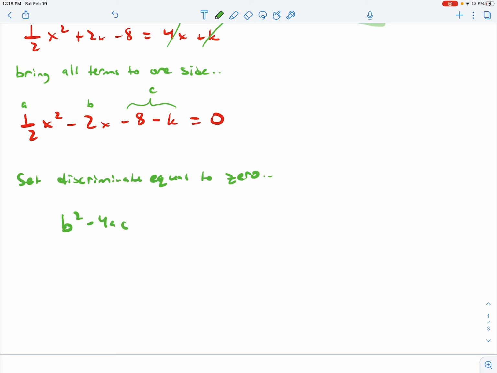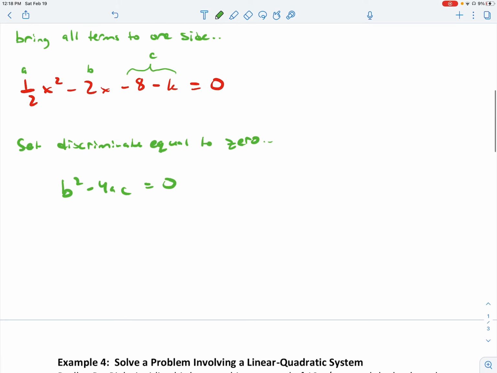So we have b squared minus 4ac. When we set that equal to 0, we're basically saying there can only be one solution. So b is negative 2, a is a half, and c is going to be negative 8 minus k. Negative 2 squared is 4.